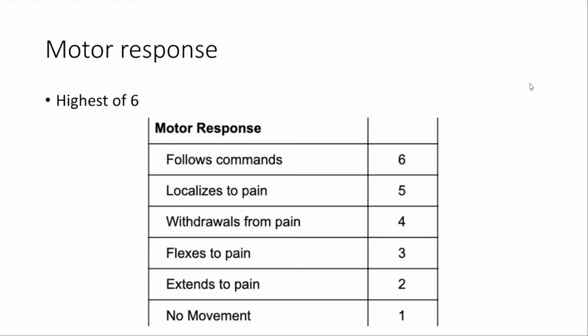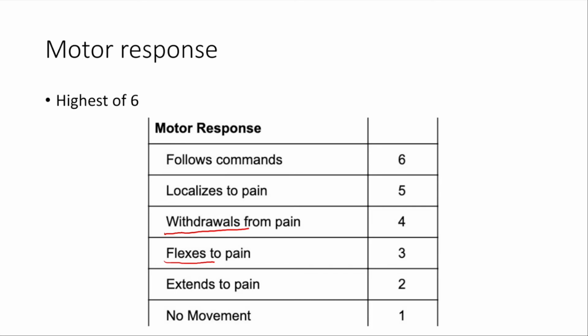Coming back to the motor response, there's another key difference I want you to understand. In a clinical scenario, sometimes it gets very difficult to differentiate withdrawal from pain from flexes to pain. If you give someone a peripheral stimulus on their fingers and they flex their elbow, is that withdrawal to pain or flexion to pain?